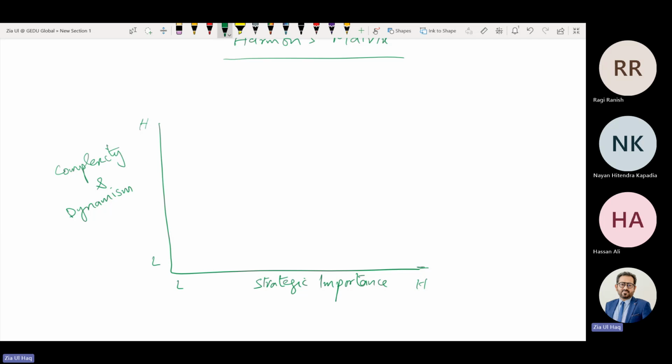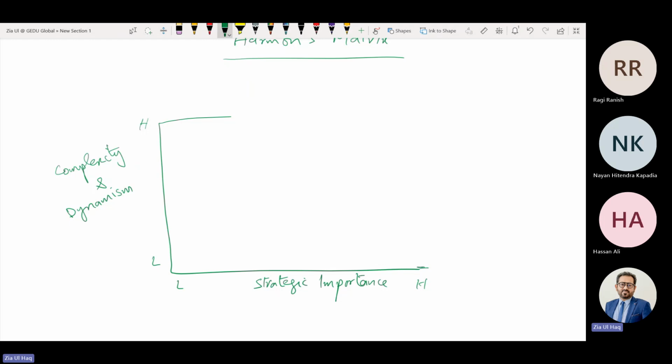There are so many issues. If there are fewer issues, it is not that complex, it's simple. We can tackle it easily. Once we have streamlined everything for some years, everything will be fine because changes do not happen quickly in that process. This means complexity and dynamism is low.